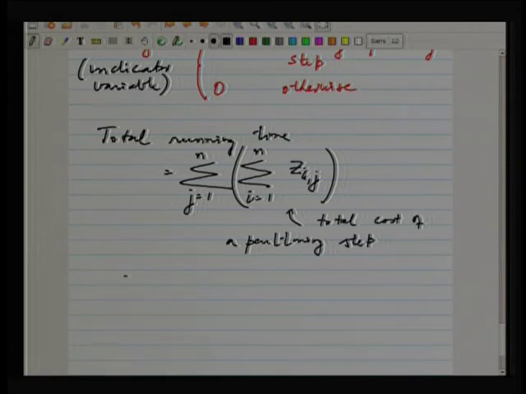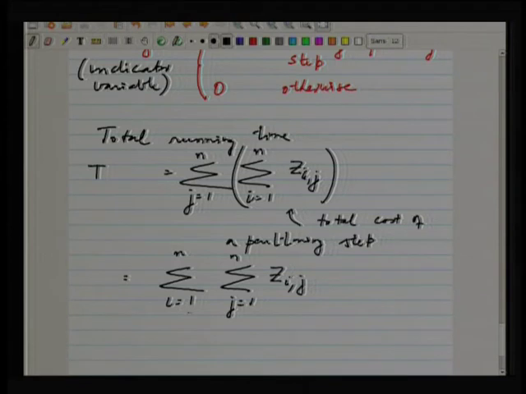Now, I can rewrite this again. So, let us call this total running time as t. So, I can just interchange the sum actually. I can write it as j equal to 1 through n, i equal to 1 through n, I am just interchanging the sum, z_ij.